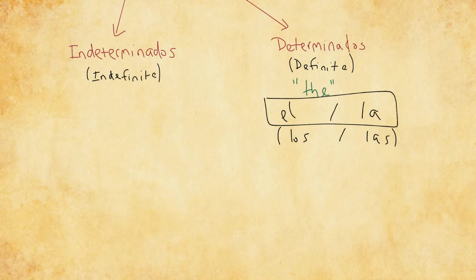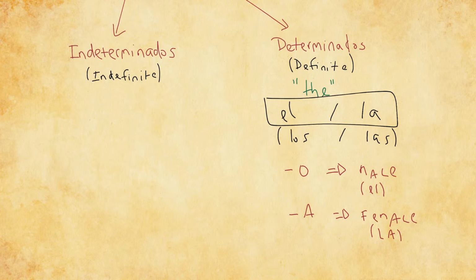And the most basic guideline that is not always true, it has a lot of exceptions, but it will help you during your first steps in studying Spanish, is that if you have a word that ends with an O, it is usually male, so it will usually go with the el article. If you have something ending with an A, it will usually be taken as female gender, therefore it will go with the la article.